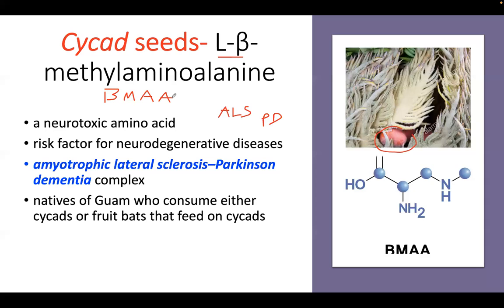It is also discussed in our mother textbook that it is found in a specific population, the natives of Guam, who have a custom of ingesting either the cycad seeds or fruit bats that feed on the cycad seeds. So for your exam, memorize BMAA, memorize cycads, memorize ALS, and memorize your Parkinsonism dementia complex.